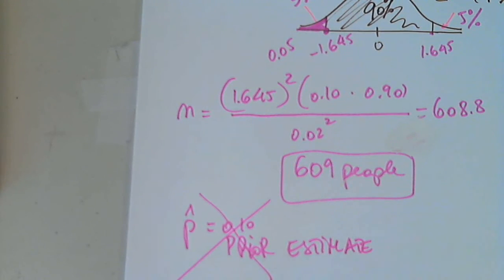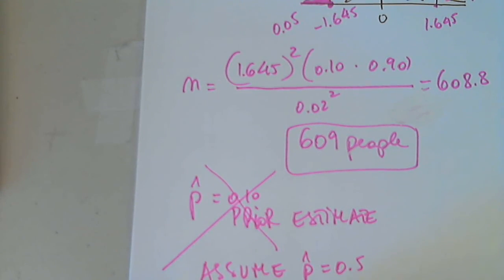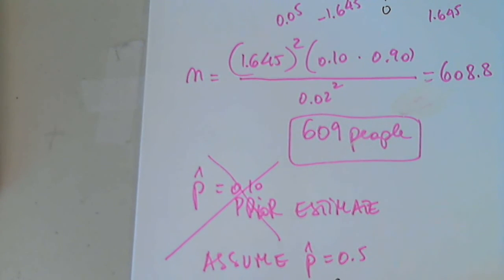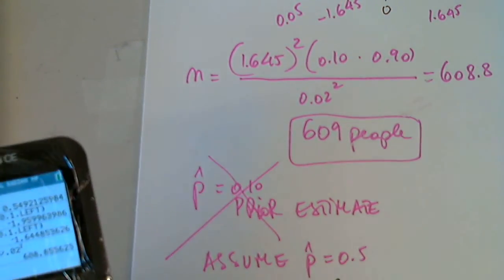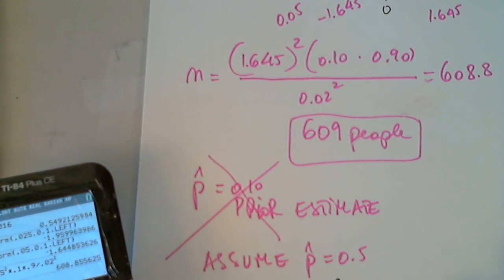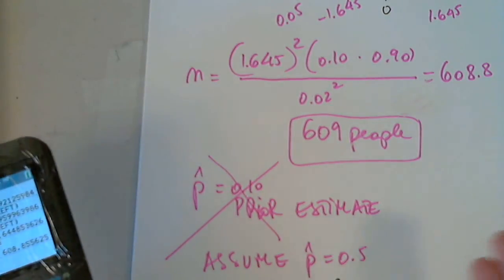And we will calculate the same, n equals 1.645 squared times 0.5 times 0.5 over 0.02 squared. All the same, because if p is 0.5, then 1 minus p is still 0.5.